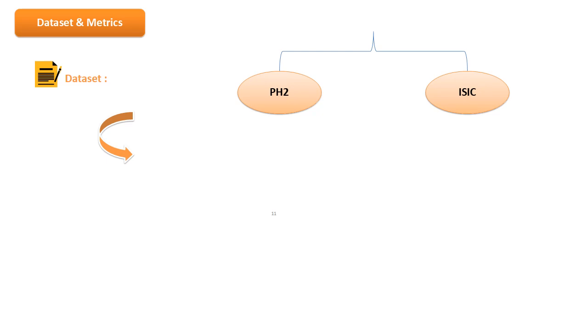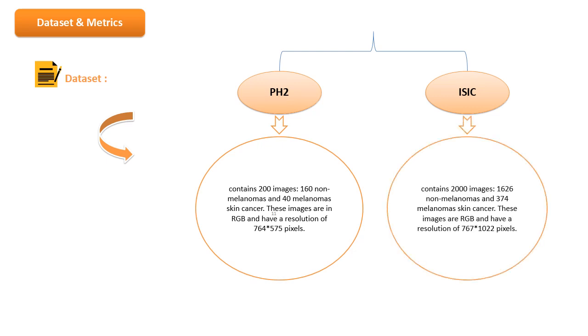In this work, we have used two datasets, PH2 and ESIC datasets, and as you can see, each dataset contains a number of images, melanoma, of course, and non-melanoma, and the images, of course, are in RGB.